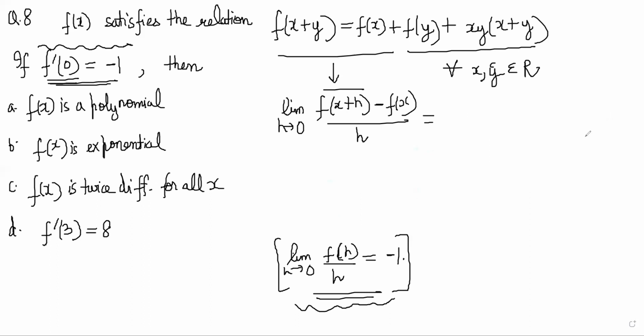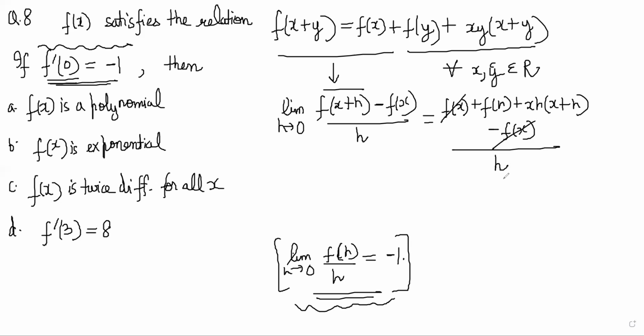Put y as h, so we can expand it like f of x plus f of h plus xh into x plus h, minus f of x by h. So this becomes f of h plus xh into x plus h by h, limit h tends to 0, right?